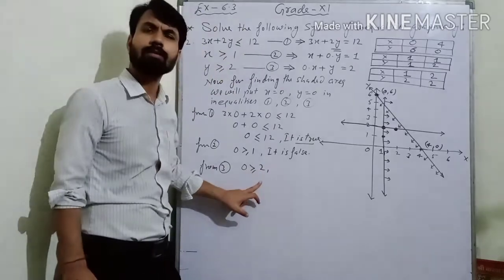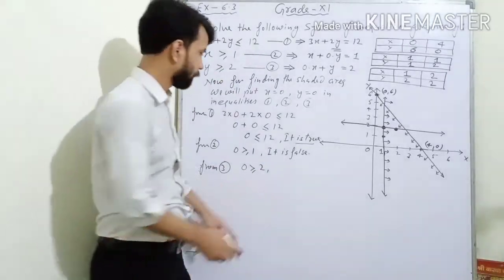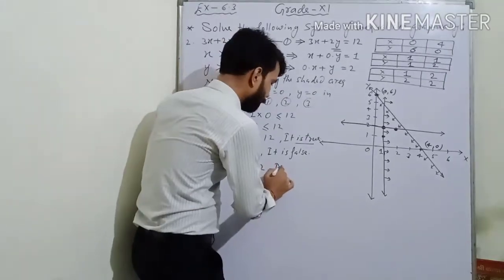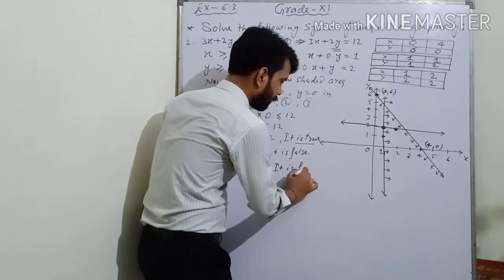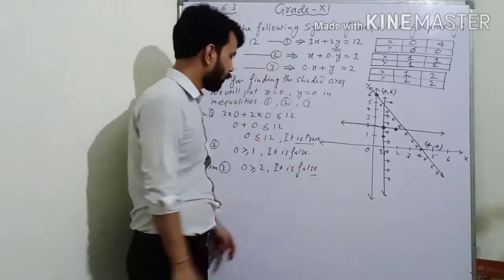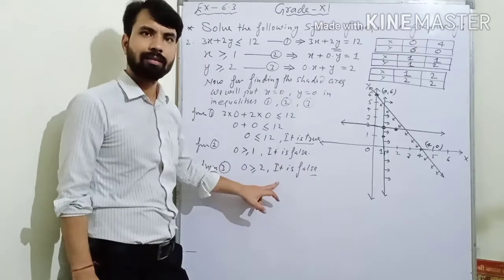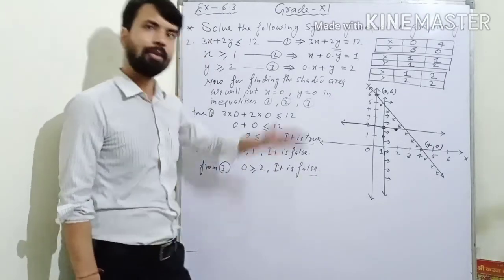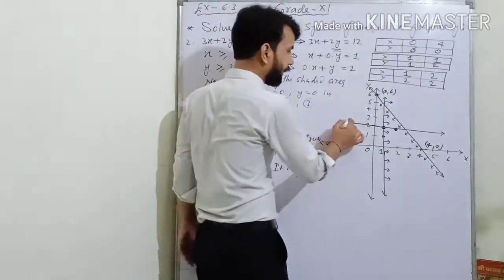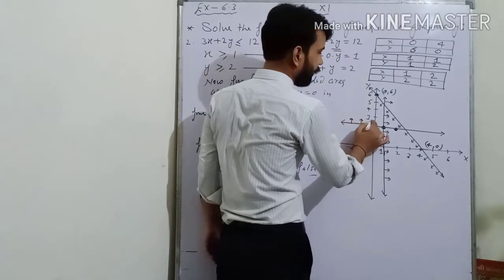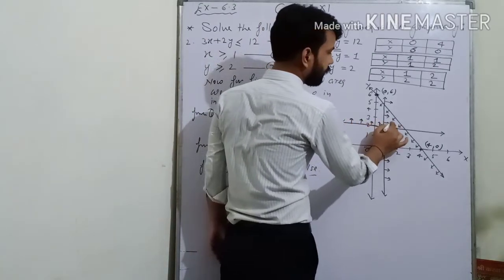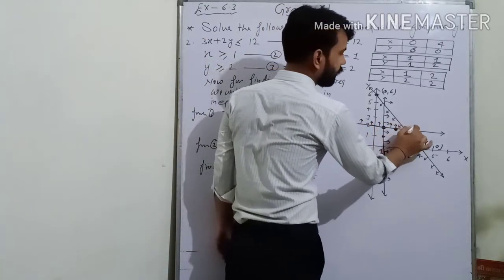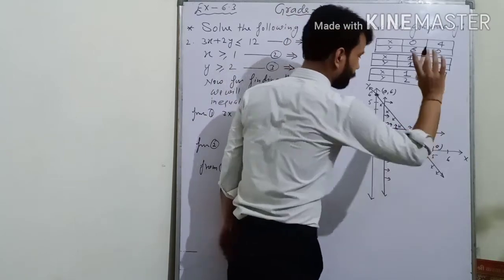The condition is false, so we have to write here that it is false. But if it is false, then we will have to shift the region away from the origin, means upside. Here, here, this, this, this, this, this and this.